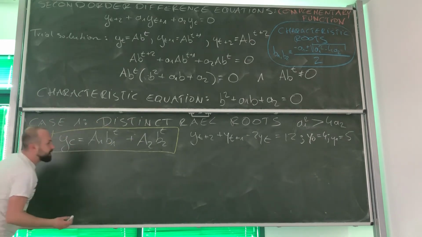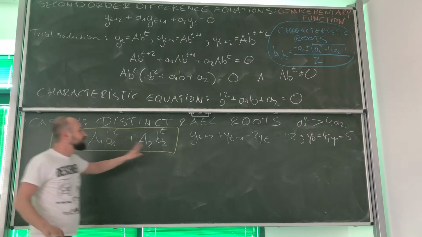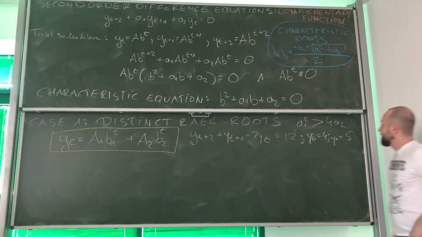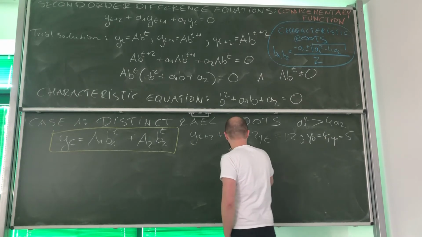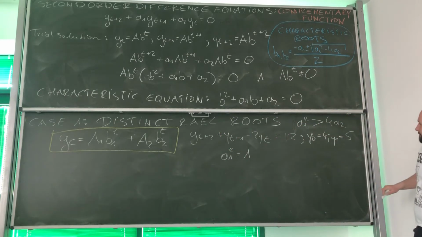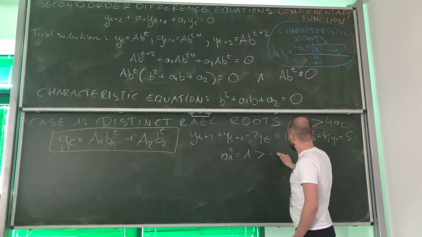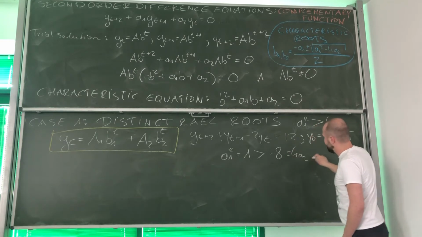Okay, so first thing, let's first check if this is the case of real distinct roots, right? Our a1 squared is equal to 1, right? And this is clearly bigger than negative 8, so 4a2.